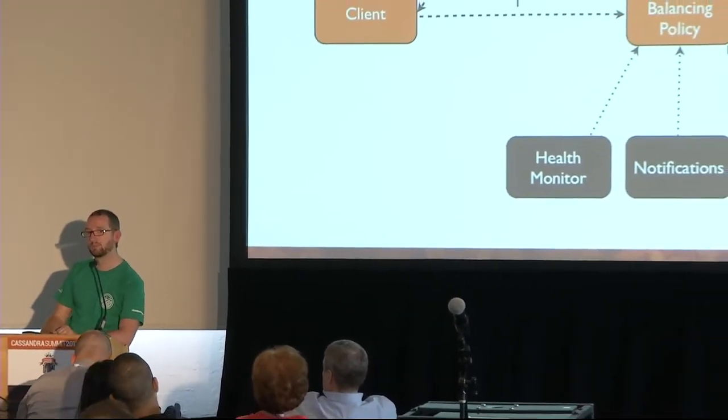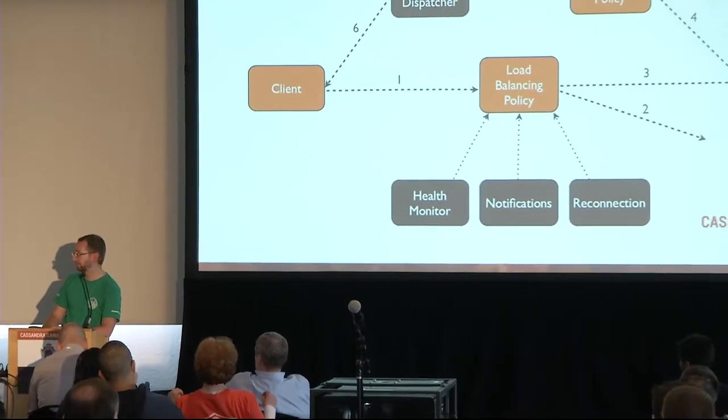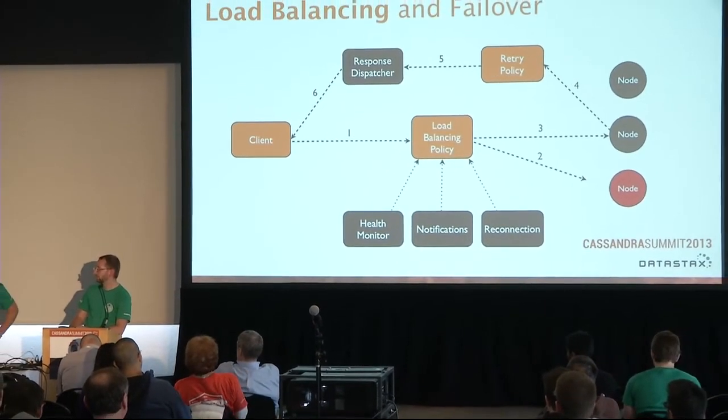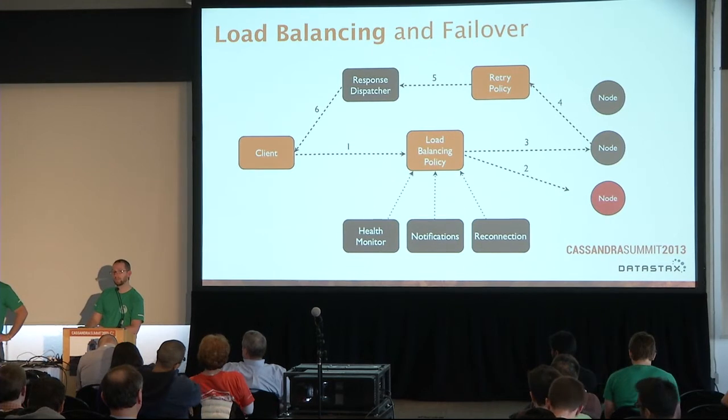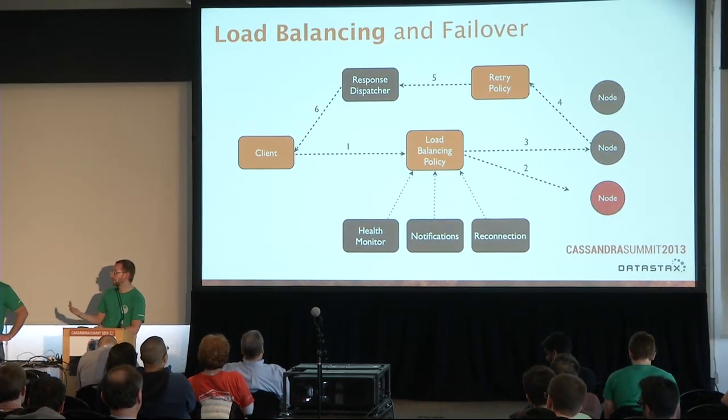If this node turns out to be unavailable, like it's the case in row number 2 here, where we are trying to reach a node which is not available, then the load balancing policy will pick the next node in the list of nodes we wish to push queries against. That's the case in the third row in this diagram. It works perfectly, and so this node is able to push a response back to our driver.